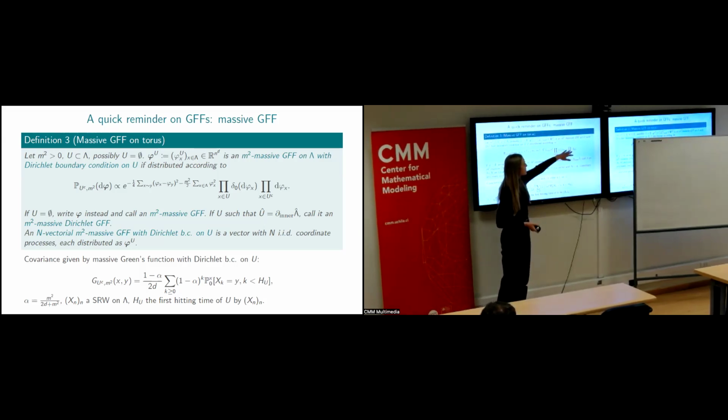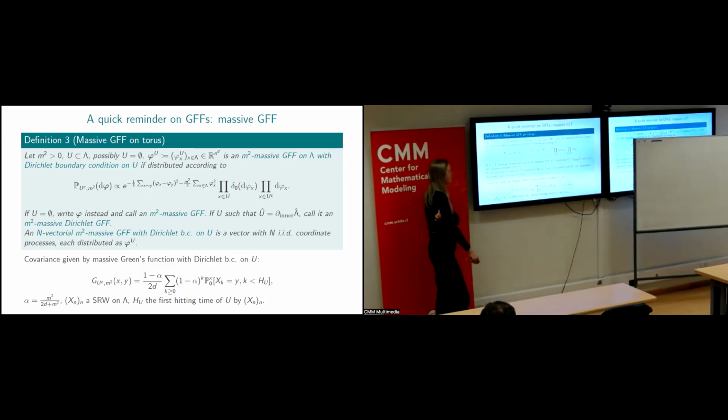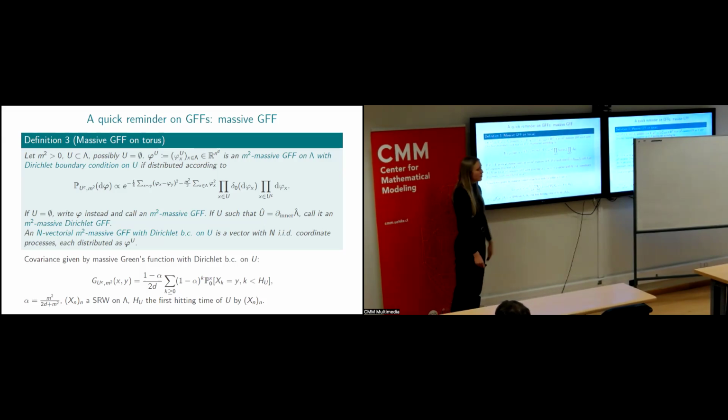Suppose we are on the torus. Then the Green's function is just the inverse of minus Laplacian plus m squared in this setting. And in terms of random walks, where alpha is chosen to be m squared divided by 2d plus m squared, and X_n is a simple random walk on Lambda_n, it is given by this formula.